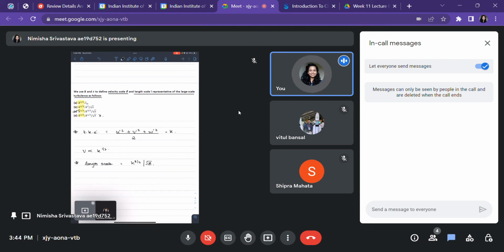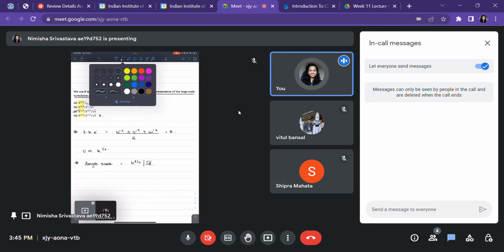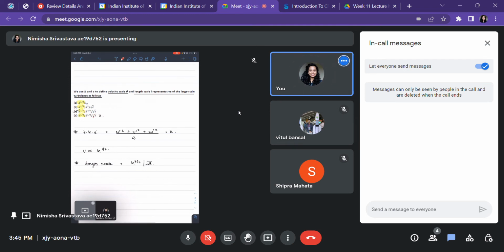Basically, how I was able to understand that whatever answer I wrote was not right is that I was gravitating towards the earlier answer because it looks familiar to me. Then I recognized that if this is velocity and we're looking for length, then what should this square root of epsilon be?